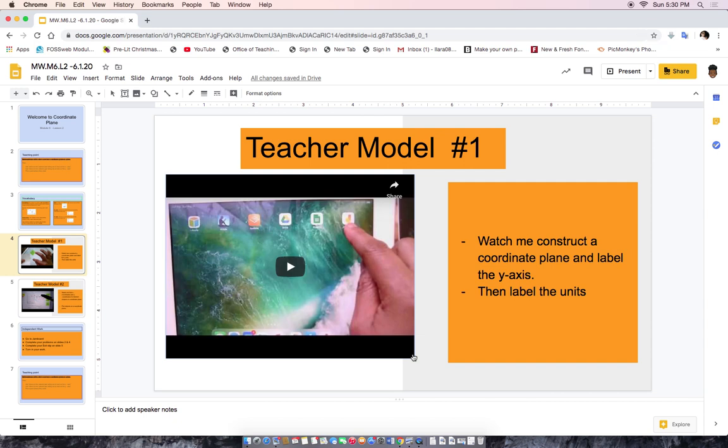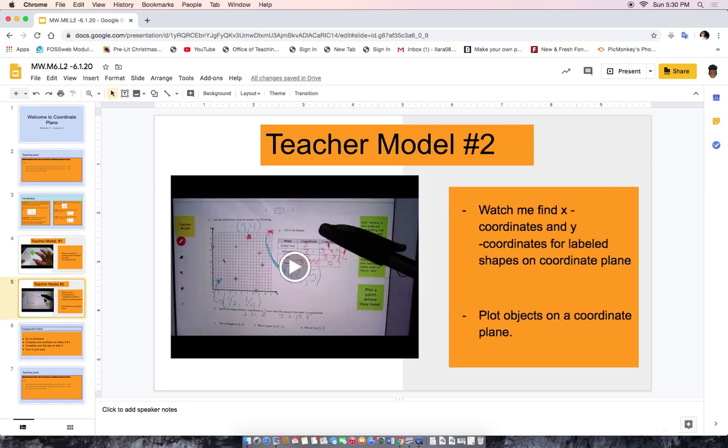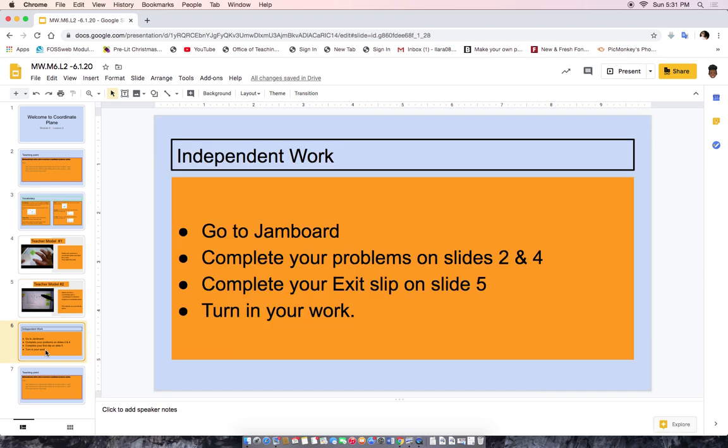Okay, boys and girls, so that was the first teacher model. There is a second teacher model that you will be seeing on your own. Once you've seen that video, I want you to go to the Jamboard, complete your problems on slides 2 and 4, complete your exit slip on slide 5, then turn in your work, okay?